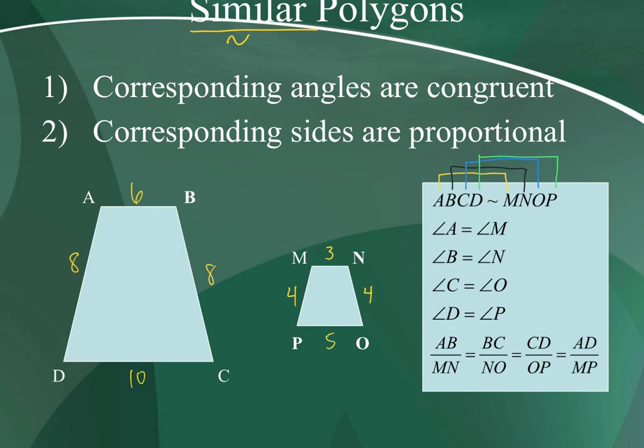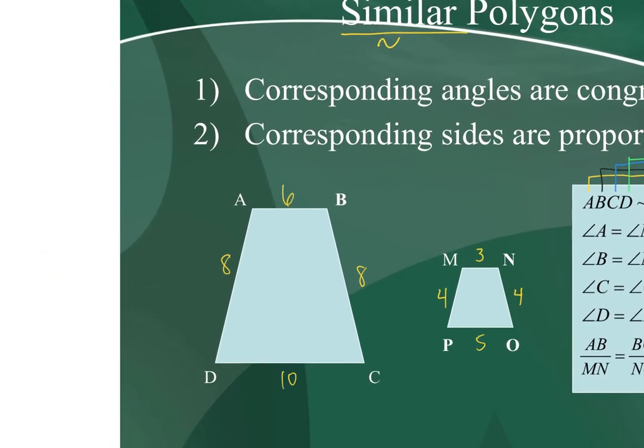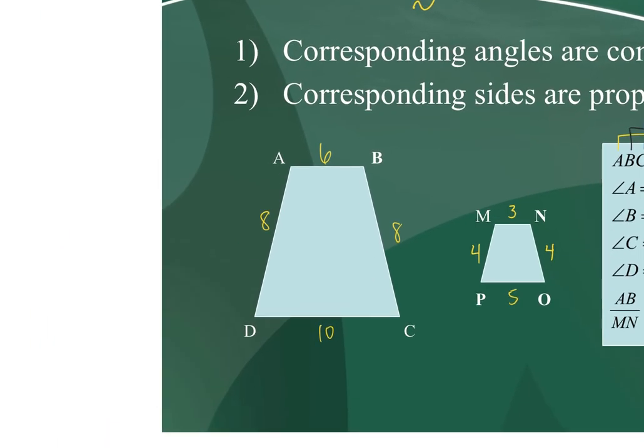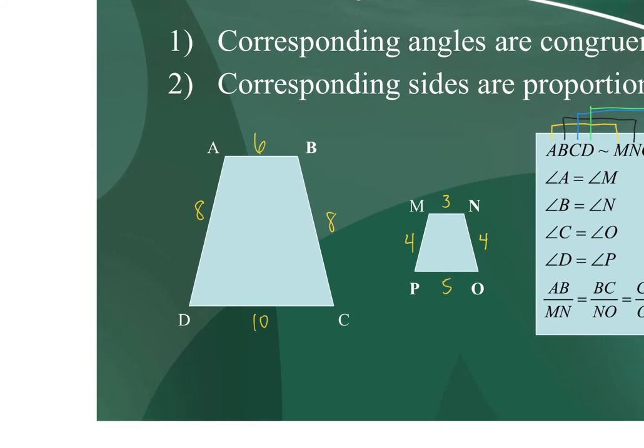Okay? So AB over MN. AB is 6, MN is 3. 6 over 3 reduces to 2 over 1.